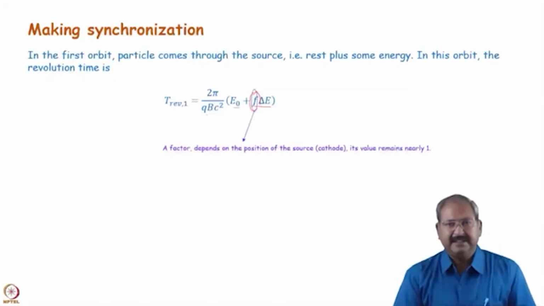We will see in a moment. However, consider that there is a factor F and it comes into the first orbit because it depends on where we put our cathode as the electron source. So the position of the cathode inside the cavity dictates what the value of F should be. So this will appear only in the first term.